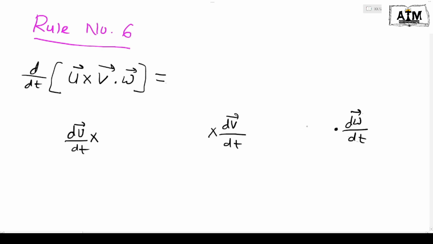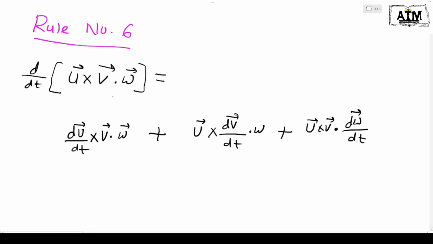At the end, we will write u cross v, and at the beginning, we shall be writing v dot w, and in the middle we write u cross, and here is a dot v, then plus and plus. This is a funny technique but easy to remember.